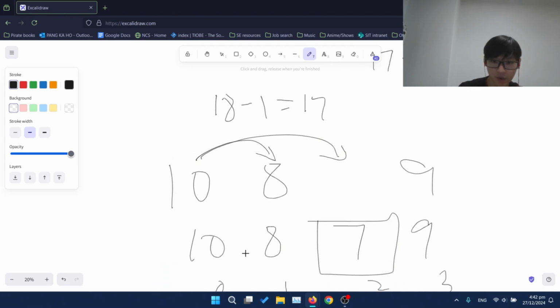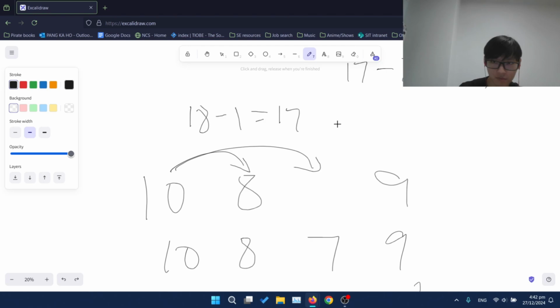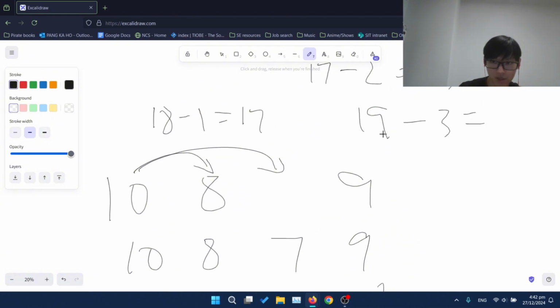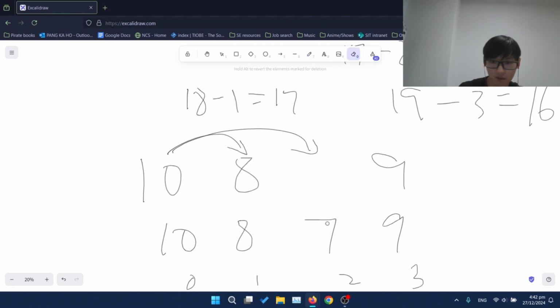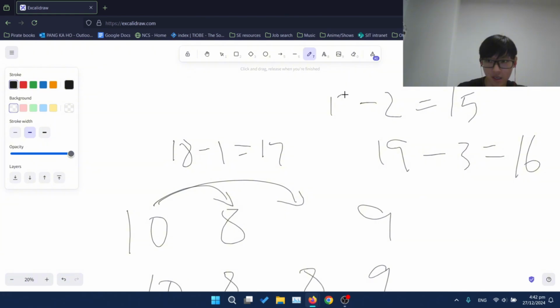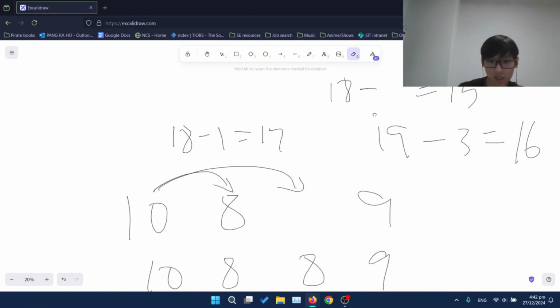So there's no point comparing with this element. You just want to compare. Oh, okay, I see. What about this guy? That would be 19 minus 3, which is 16. What if this was an 8? Then this would be 18. Oh, that's why you use equals. I see.